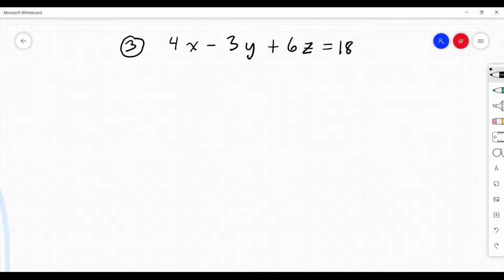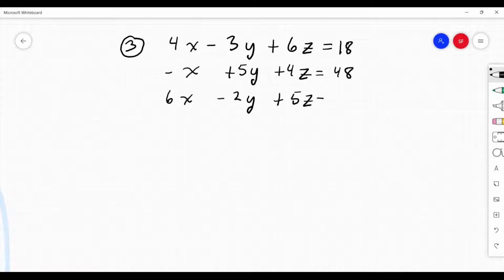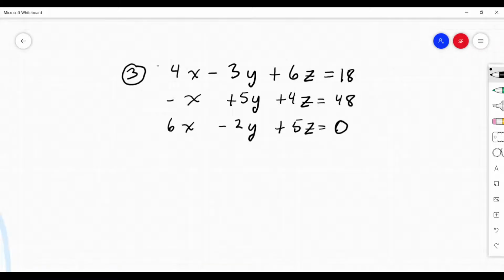And then for the second one, it is -x plus 5y plus 4z equals 48. And then the final equation is going to be 6x minus 2y plus 5z equals 0.